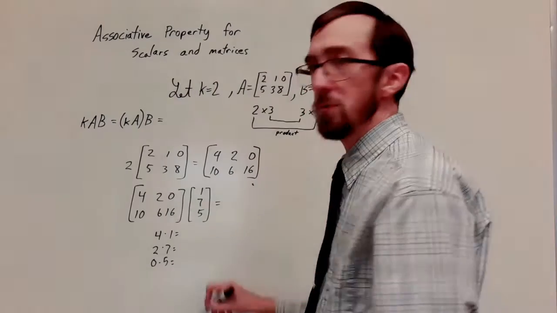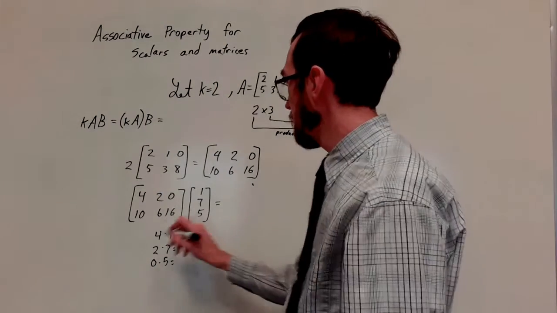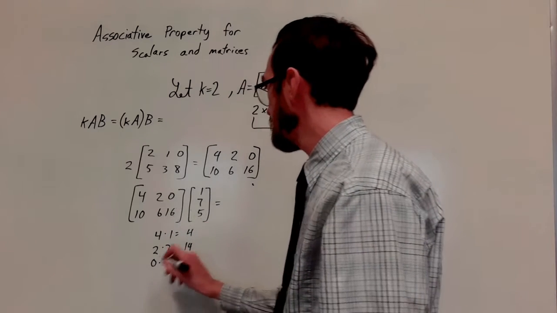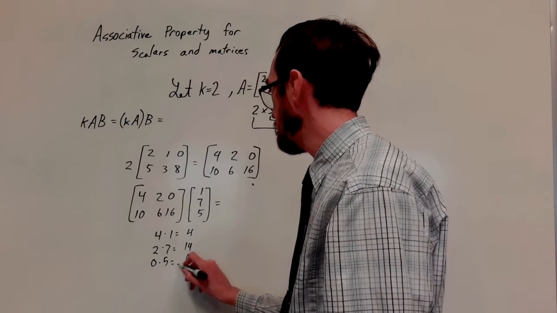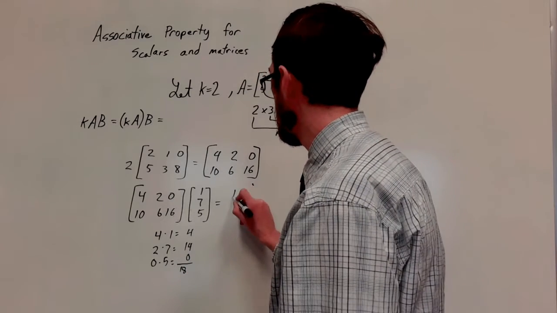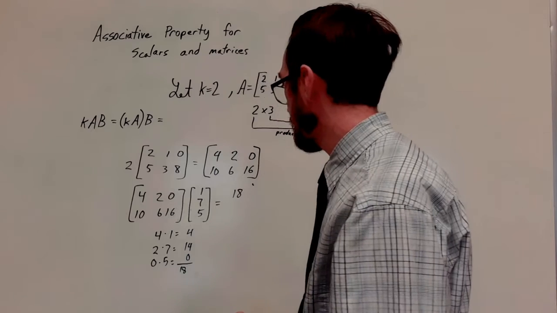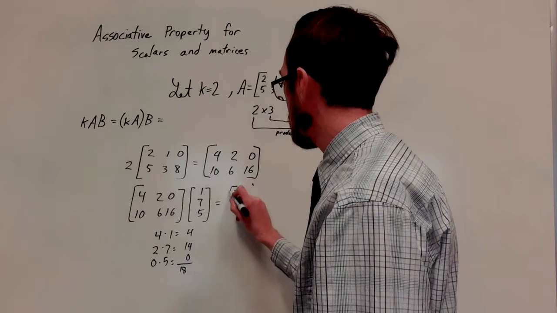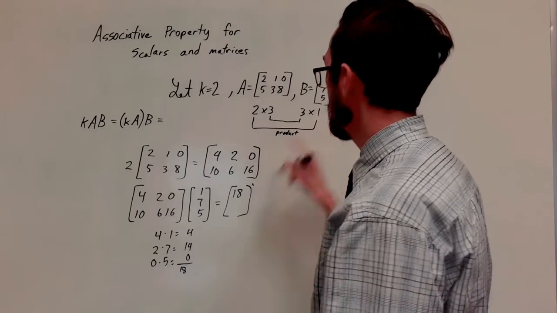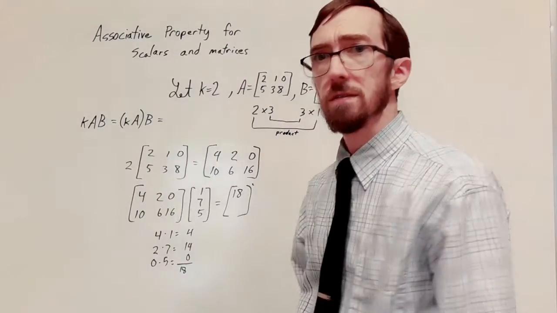And then once we get those products, we will add them together. 4 times 1 is 4, 2 times 7 is 14, 0 times 5 is 0. So we will get 18 here. And this will be a 2x1 matrix as our product here.